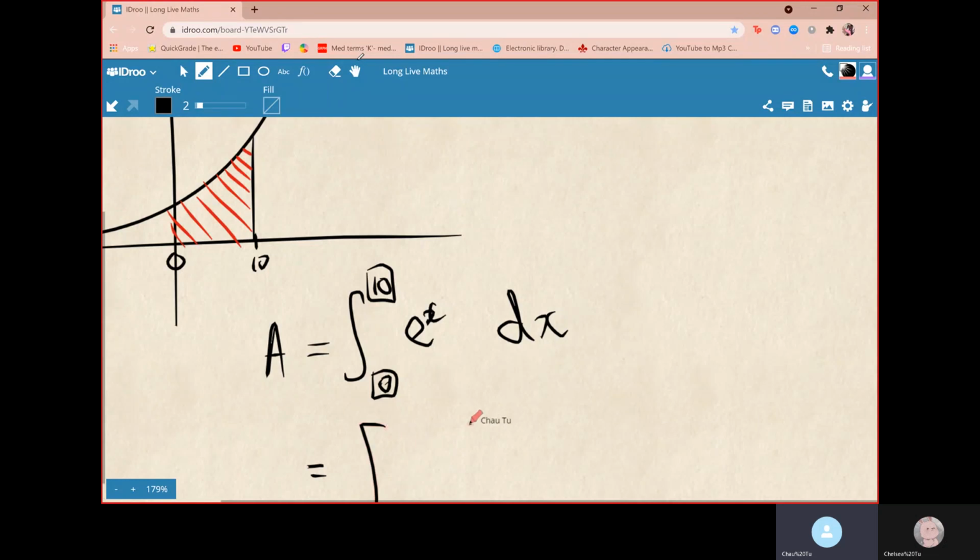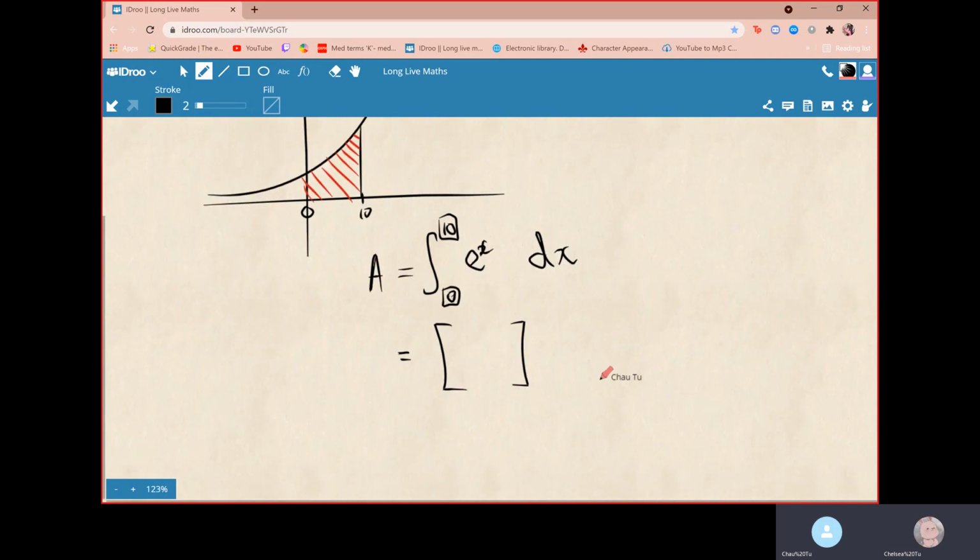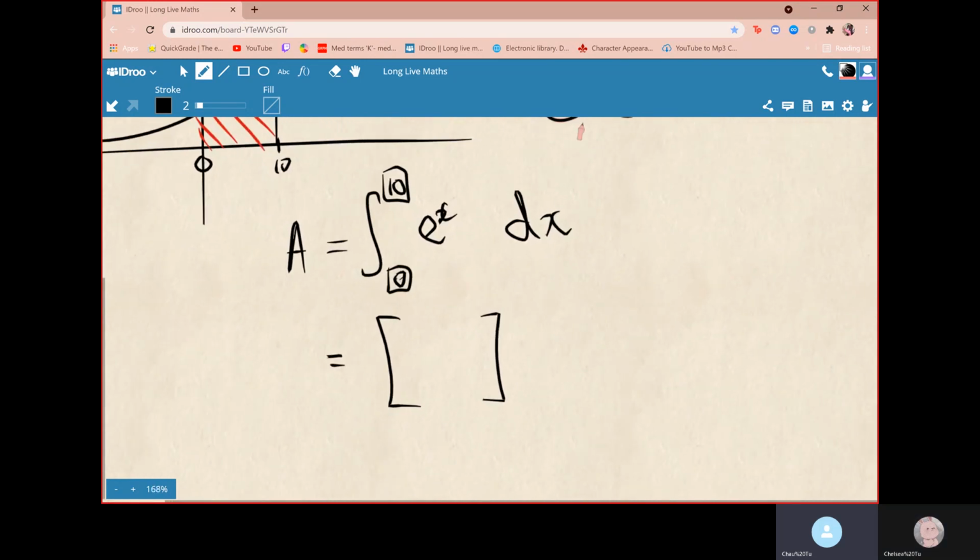So you have to do what's called integrate it. You have to find something. There exists something out there such that when you differentiate it, it gives you that thing. What is it?